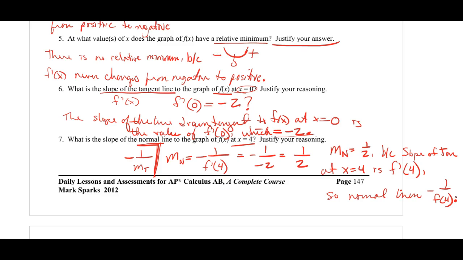And I can verify exactly which of those I have, a maximum or a minimum, based on whether my derivative changes from positive to negative for a maximum or from negative to positive for a minimum. And we've applied that to finding tangent lines and normal lines, and we could actually find the equation of this tangent line using the point at x equals 0 and so forth.